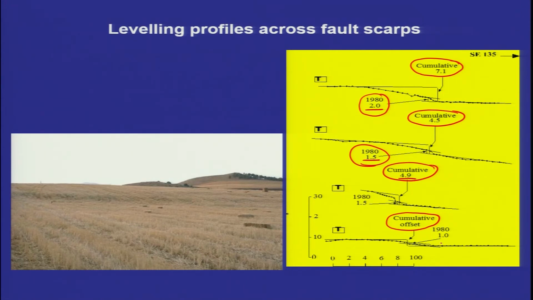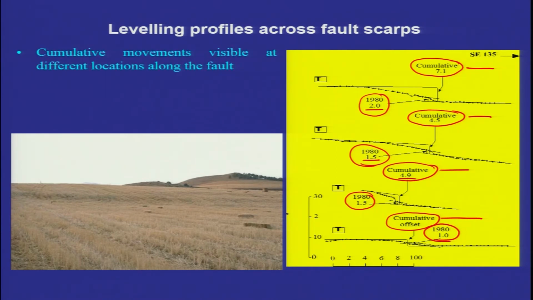They were able to pick that up, but the actual height of the scarp, when they did the topographic profiling, was comparatively larger than what was experienced in the 1980 earthquake at various locations. So this suggested that they had the cumulative displacement manifested at the surface.